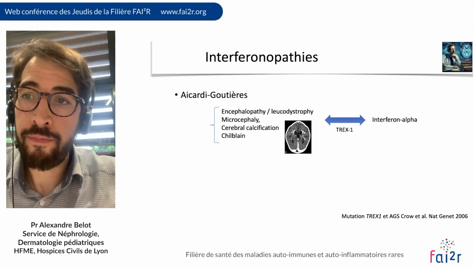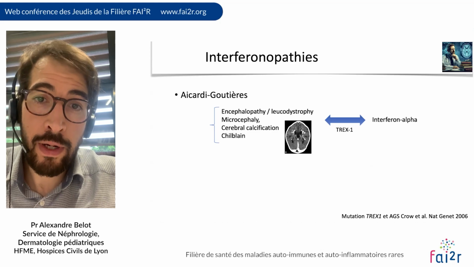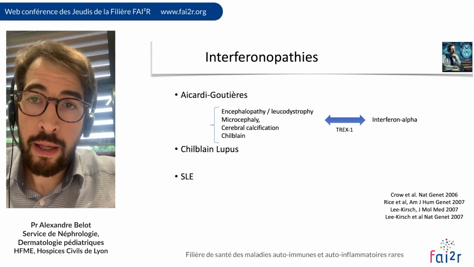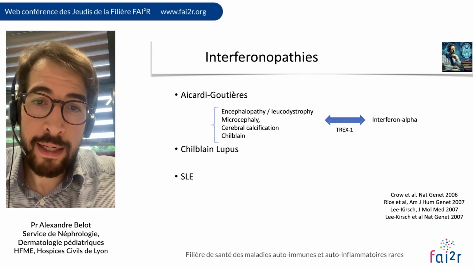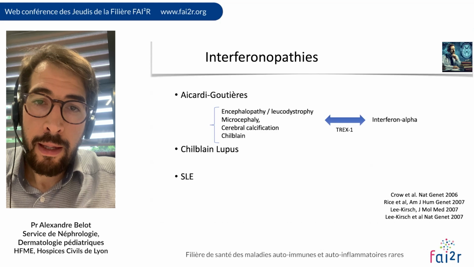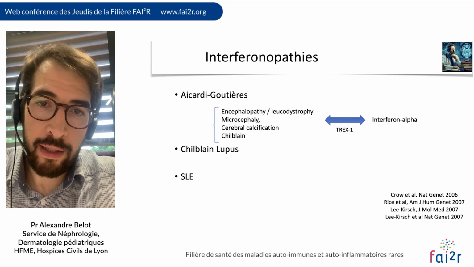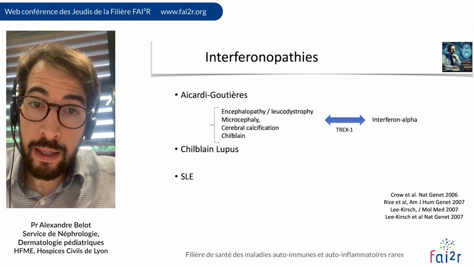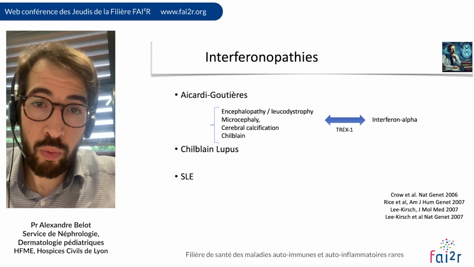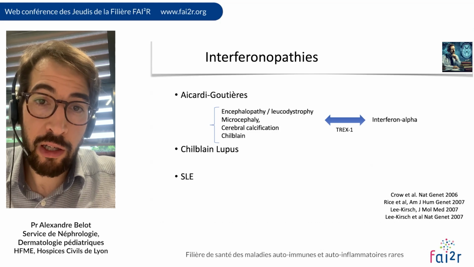Other colleagues then also identified TREX1 mutations in some patients with chilblain lupus, and even in systemic lupus. That was an interesting finding because some Aicardi-Gouttières syndrome patients later develop a lupus phenotype. But it can also be associated with systemic lupus without any neuroinflammatory disease, which was particularly interesting.